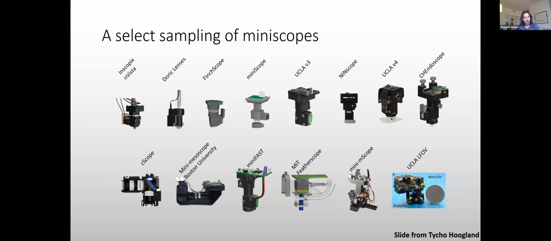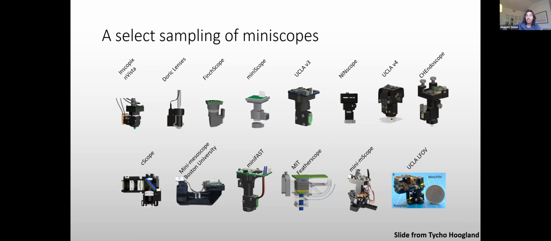The other main commercial miniature microscope device would be NeuroSense, which is a fiber bundle-based miniature microscope where all the optics and imaging are off the head of the animal, and you're imaging through a coherent fiber bundle. It allows you to do multi-region imaging. So that would be the other big commercial option, along with Inscopix and Doric.